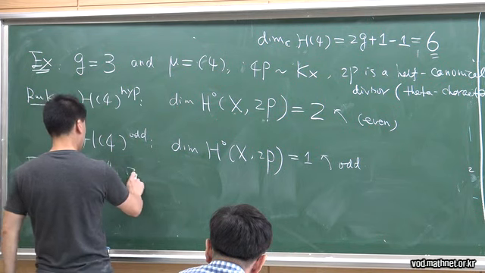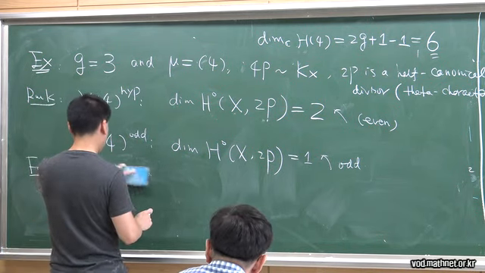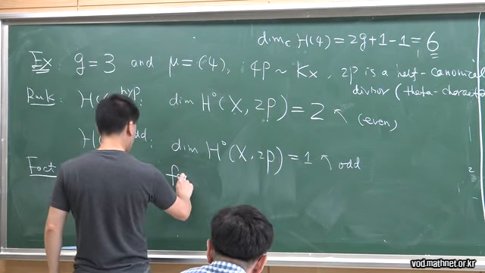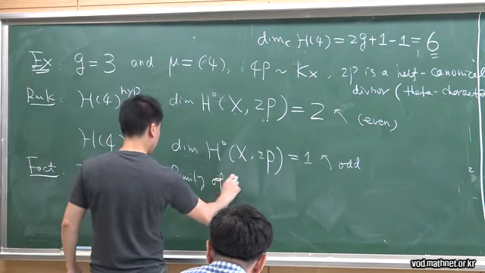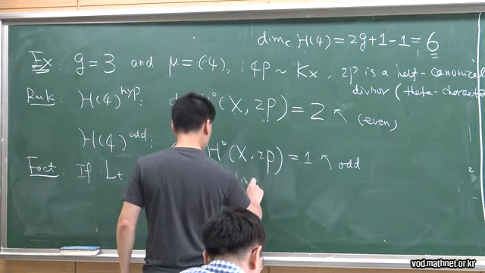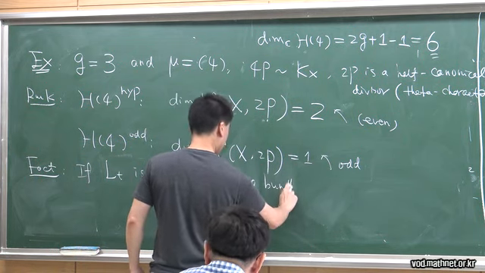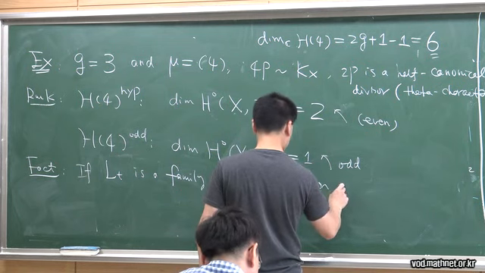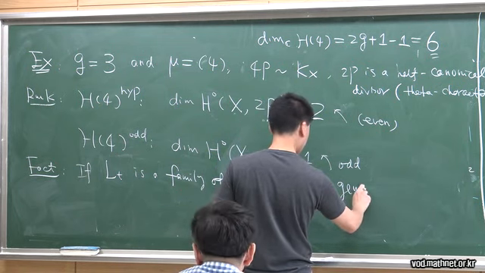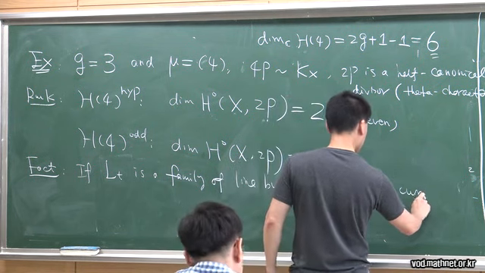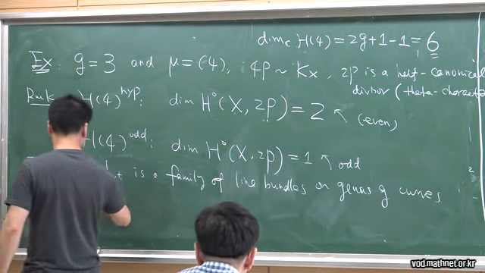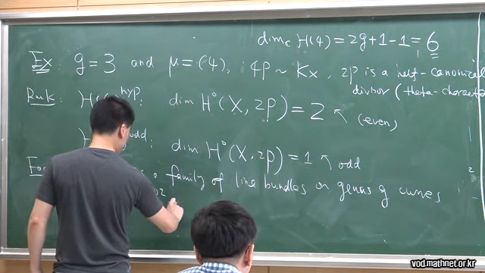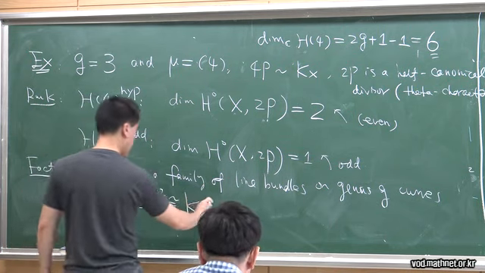Let's see. L_t is an irreducible family of line bundles on genus g Riemann surfaces, such that for each line bundle L_t, its square is the canonical line bundle for all t.